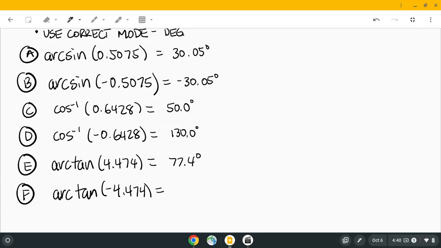And when you plug in the negative, you should get negative 77.4 degrees. So for the sine inverse and tangent inverse negatives, you should get negative angles, but not for cosine. You should never get a negative. You'll get a quadrant 2 angle instead.